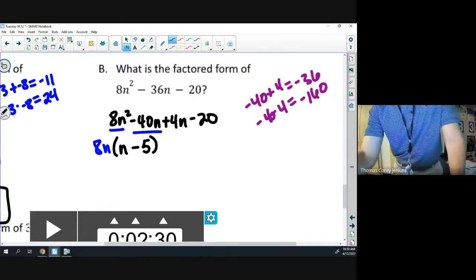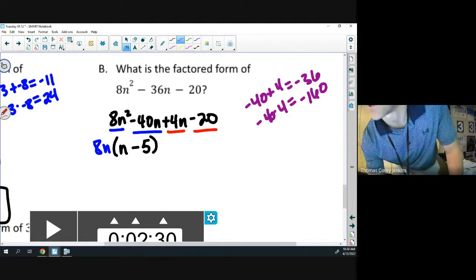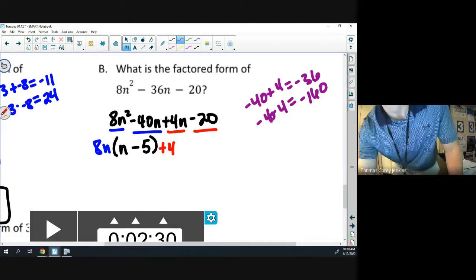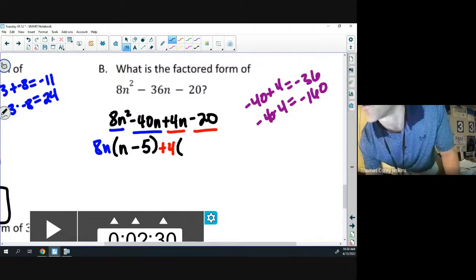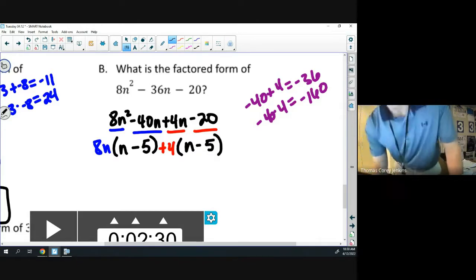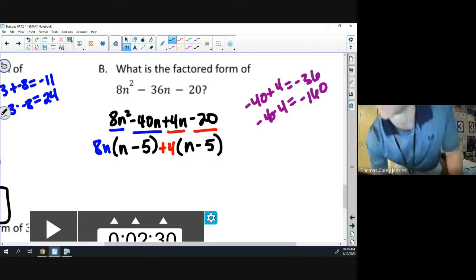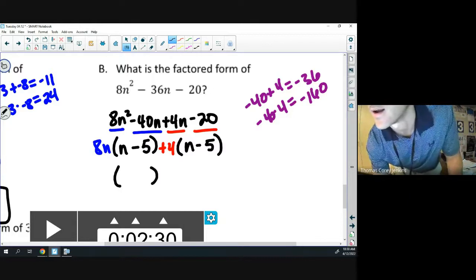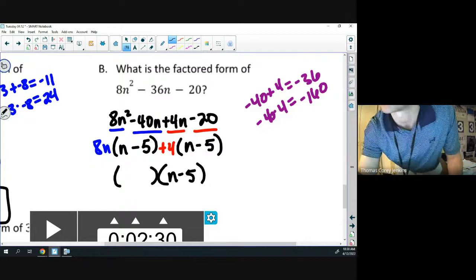And then out of the last pair, I can factor out a, anybody know? 4, good. I like how you said 4 and not -4 there. And that would give me n minus 5. Okay, so my two factors are n minus 5 and 8n plus 4.